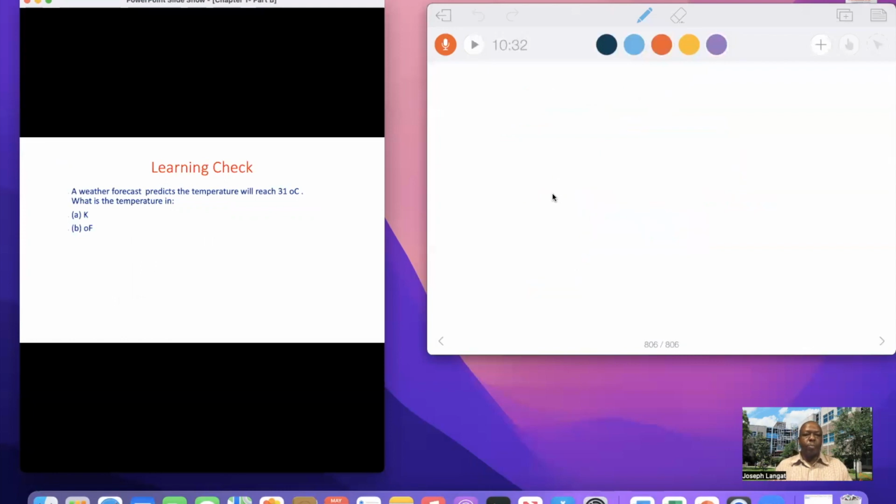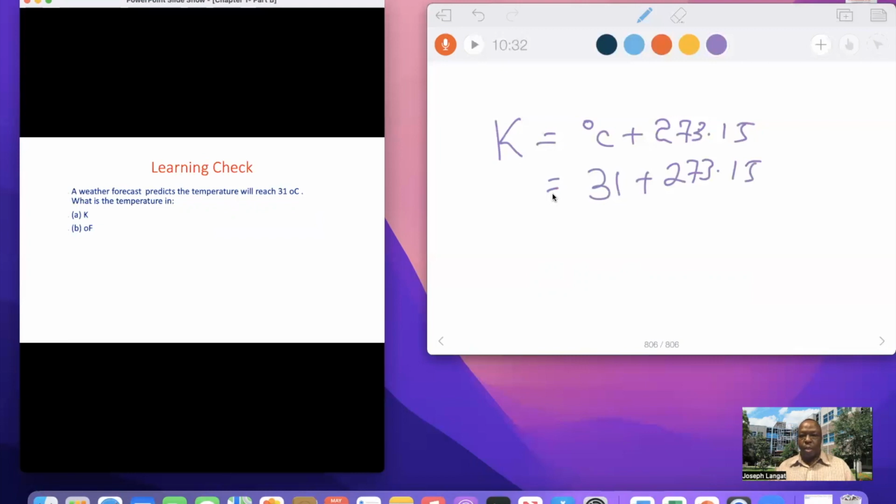Let's look at the example here. Our weather forecast predicts the temperature will be 31 degrees Celsius. What is the temperature in Kelvin? So for Kelvin, if this is what is given in the problem, you just plug it in the equation, which is 31 plus 273.15.